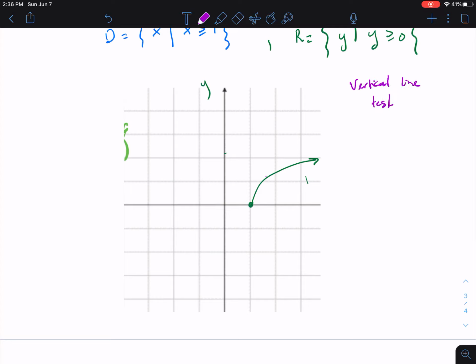So we can draw any arbitrary vertical line through this graph. So let's say I'm going to draw a random vertical line like that. Okay. So notice that if I draw this vertical line, there's only one intersection point there, right? So notice that the vertical line intersects the graph only once. Okay. What does that mean?